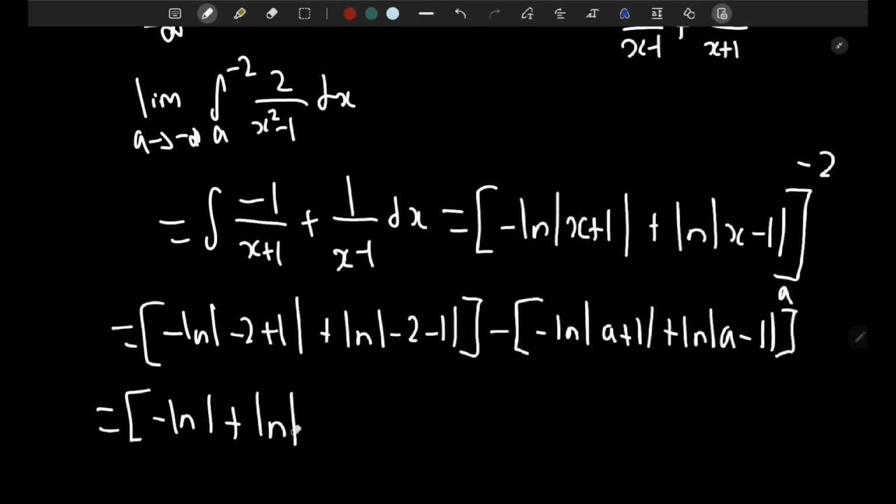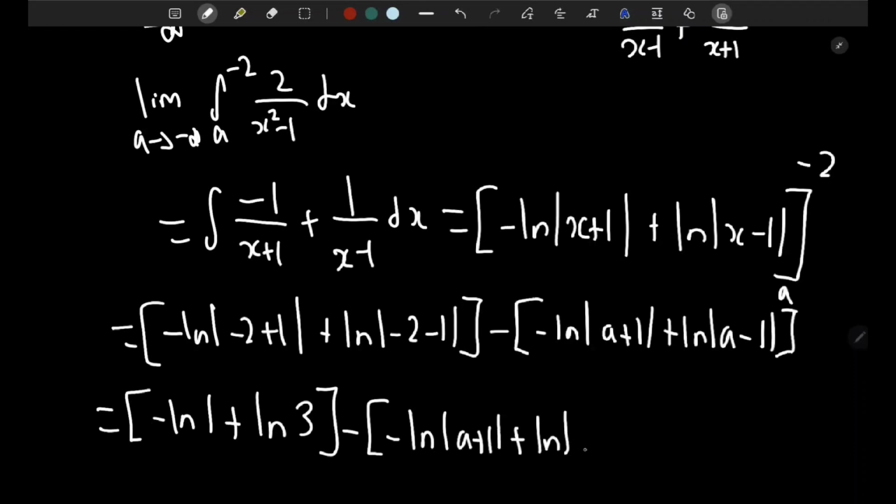and I'm going to take the absolute value now, so it's going to be 3, close brackets, and then moving on, minus ln a plus 1 plus ln a minus 1. So here we can cancel out negative ln 1, since ln 1 is 0, and ln 3 we have it right here.